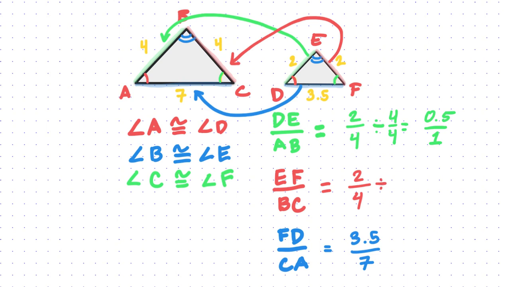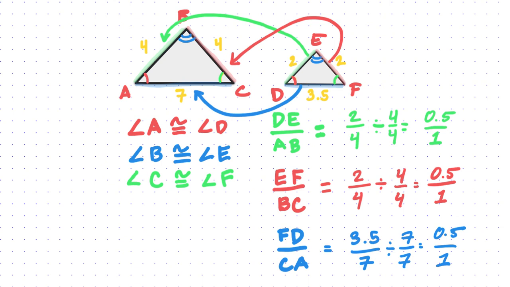I could do the same for the second ratio to get the same unit rate of 0.5 units of EF to every 1 unit of BC. Last but not least, I could do the same for our final ratio, which this time I'm dividing by 7 for both numerator and denominator. This will yield the ratio 0.5/1, meaning again that every 0.5 units of side FD will equate to 1 unit of side CA.